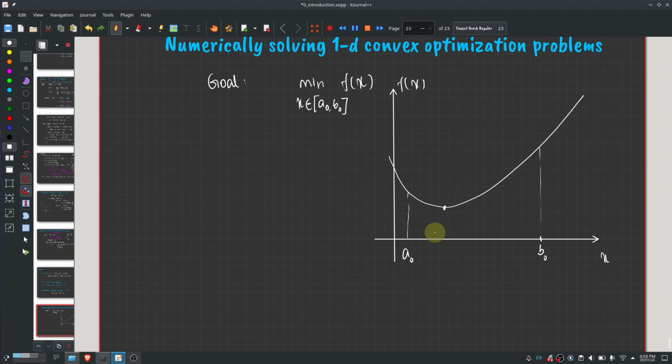My goal is to somehow find this, let me call this x star. My goal is to at least get this x star to within a certain error. After all, it's a numerical algorithm, so I may not be able to get x star exactly, but I should be able to locate x star to within a certain epsilon, some error.